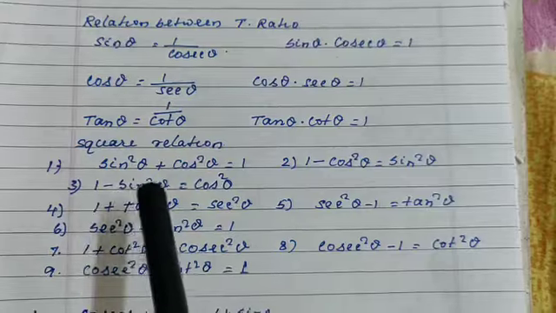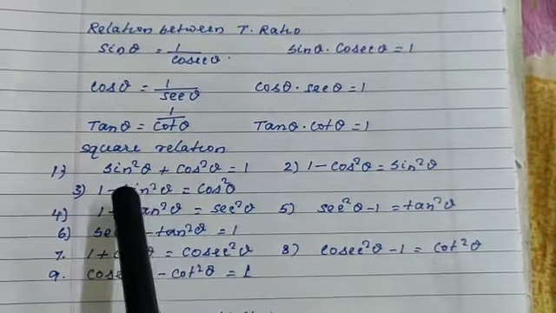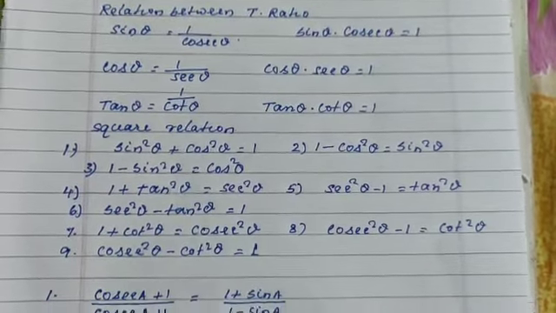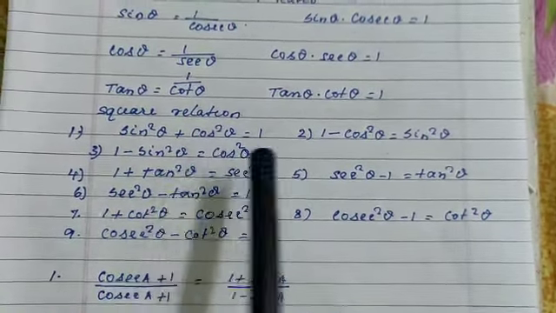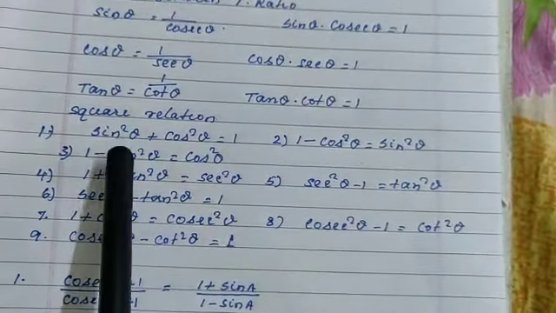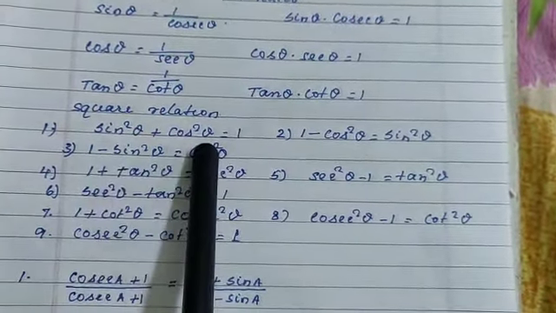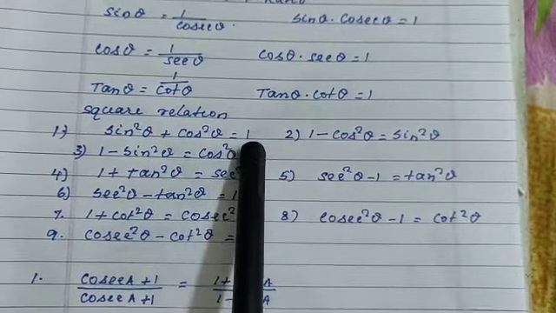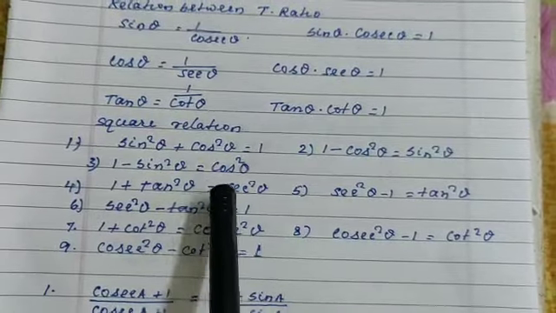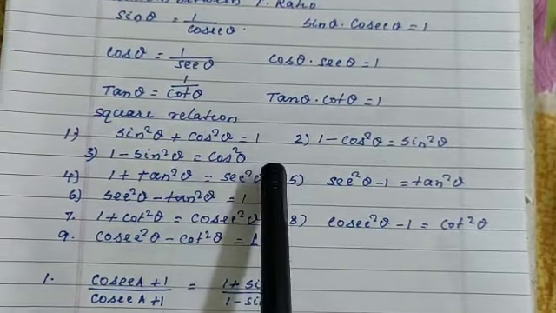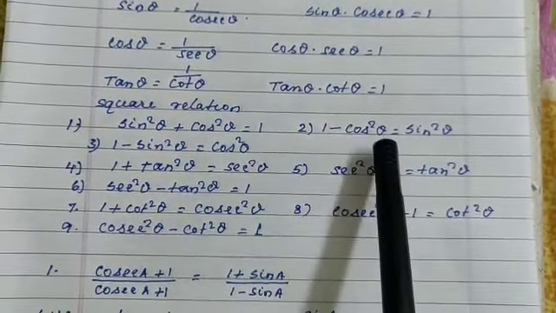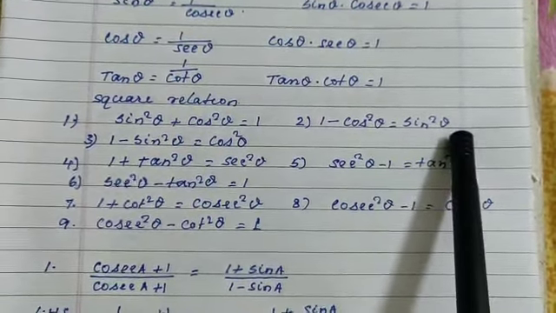Now we will learn the new formulas. These are called the square relations of the trigonometrical ratios. Already we know the formula sin square theta plus cos square theta is equal to 1, where theta is an acute angle. If we take cos square theta to the right side, then 1 minus cos square theta is equal to sin square theta.